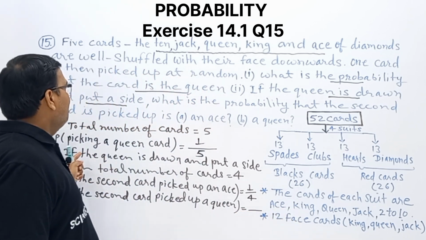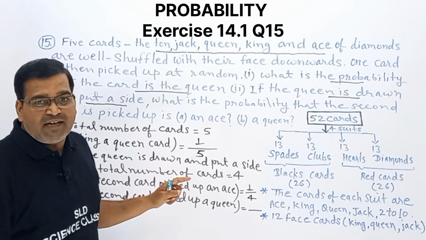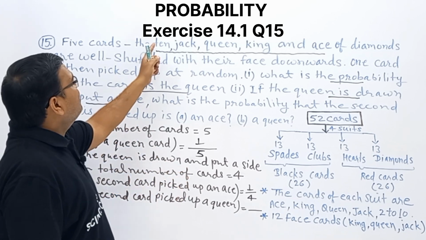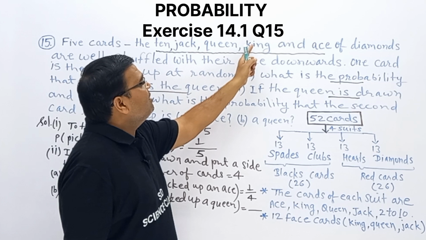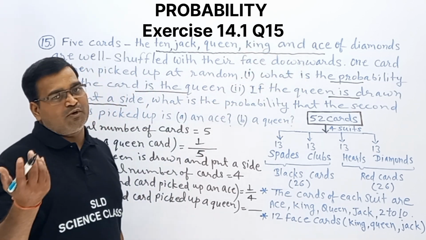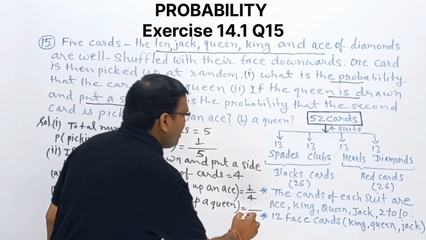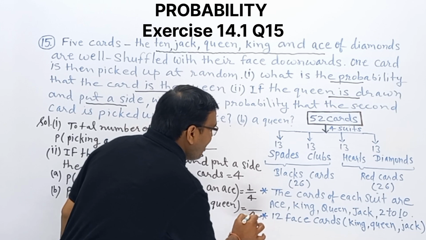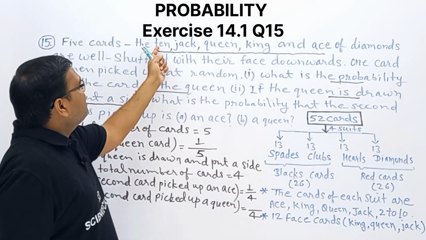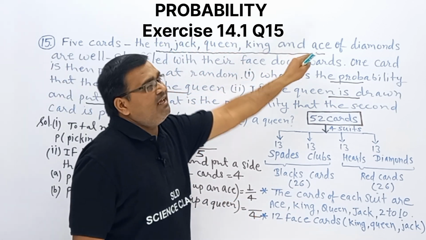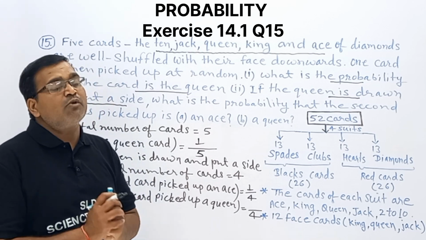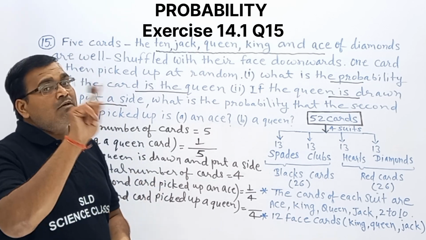In the second question, the queen is drawn and put aside. The remaining cards are 10, jack, king and ace. Only 4 cards. So total possible outcomes will be what? 4. Out of 10, jack, king and ace, what will be the favorable? We want what?